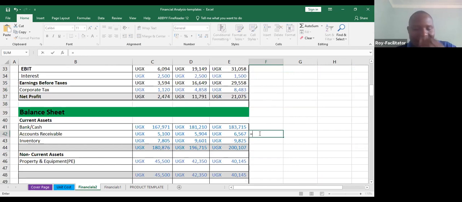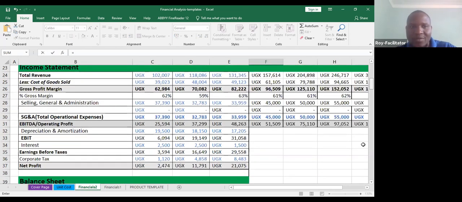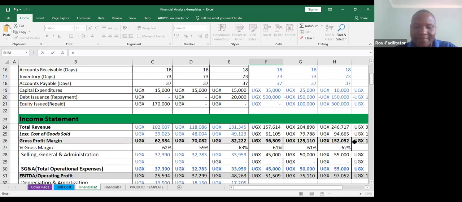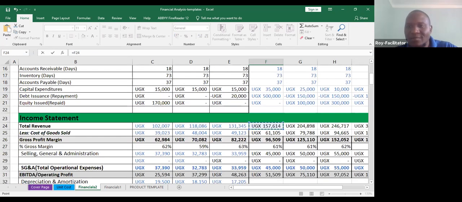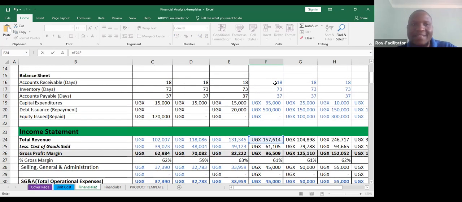So I'll get the revenue, which we have here. The revenue is clear, multiplied by the 18, the duration of days it takes for me to receive the money, and I divide it by 365 because there are 365 days in a year.